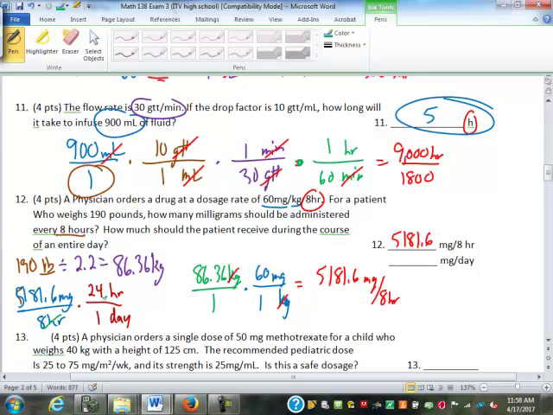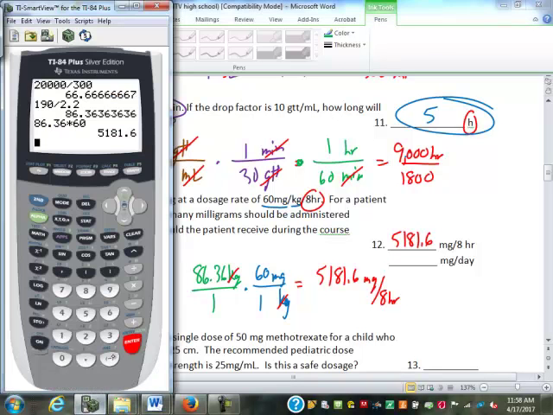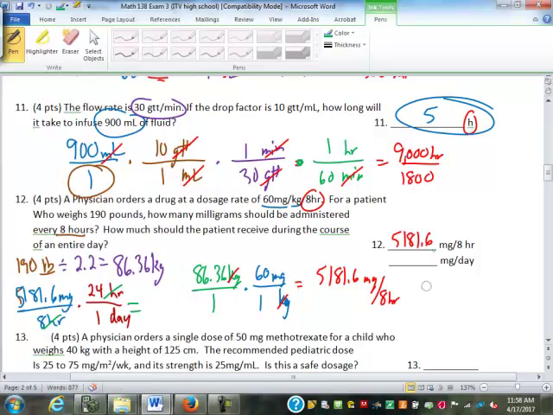So the hours cross cancel. We multiply that out and divide by the 8. Let's do it. We got the 5181.6 times 24, and then we're going to divide by 8. Get 15,544.8.